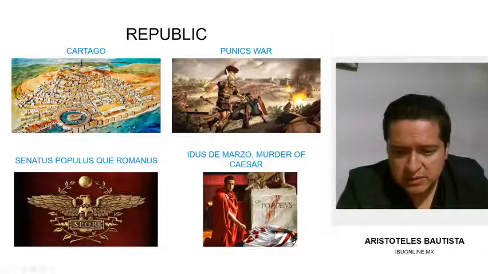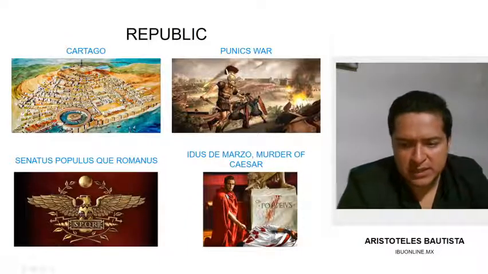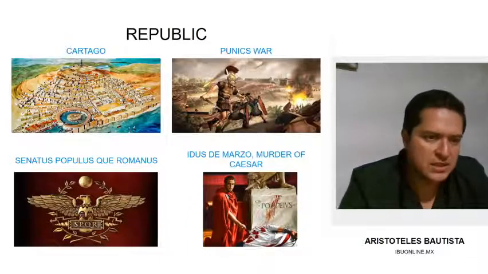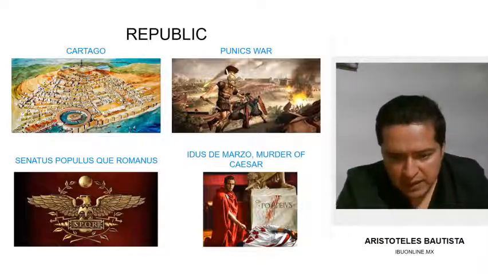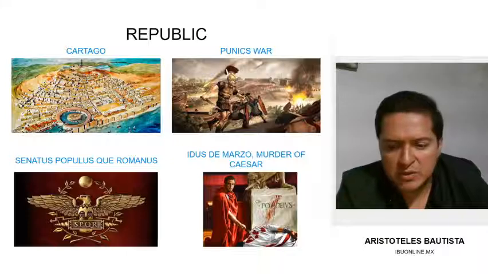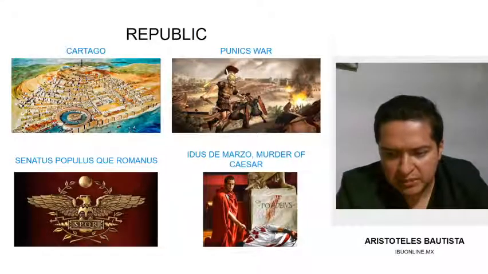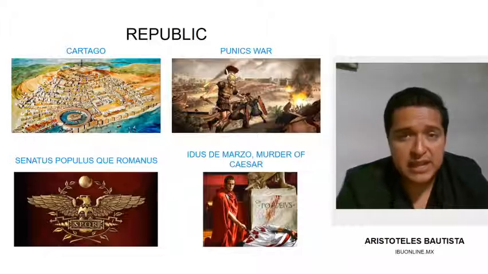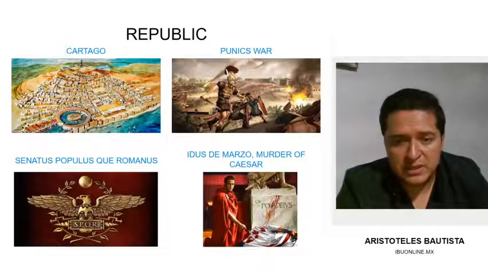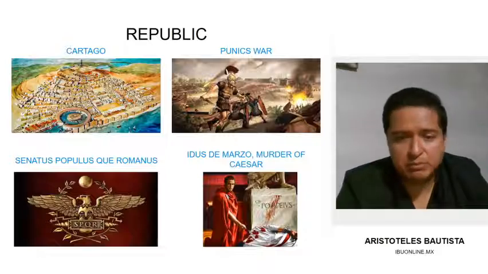SPQR became a Roman symbol, and that was Julius Caesar's symbol. This guy took control of the Mediterranean and provoked civil wars against Pompey and the Senate. At the end of this civil war, he named himself Dictator Perpetuus.